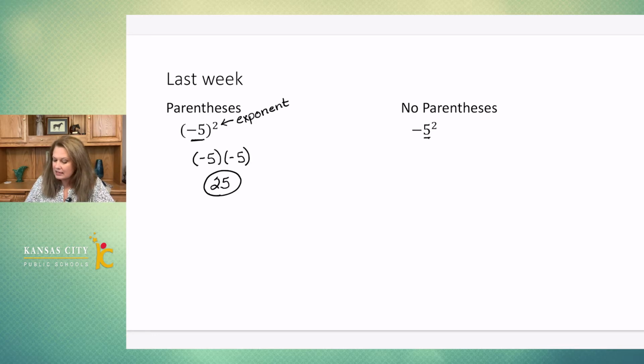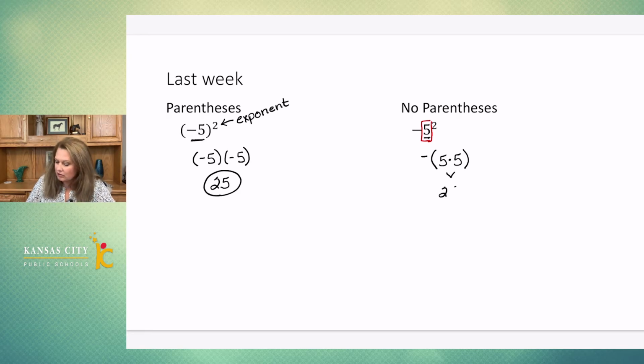Now you'll notice our second example, the -5 to the second power, is not using any parentheses. And that tells us that our base is only going to be the 5, not the -5. And when we think about that, I sometimes put a negative and then our parentheses, and then our repeated multiplication inside that parentheses to tell me that, hey, I'm multiplying those two 5s together, but whatever my product is, I'm going to create its opposite, or its negative.